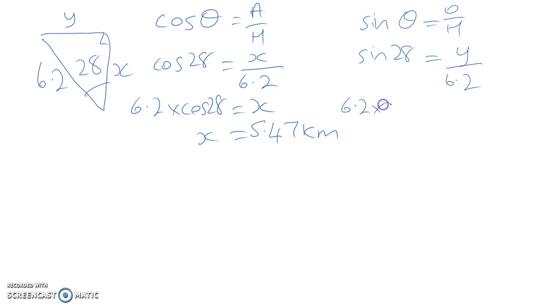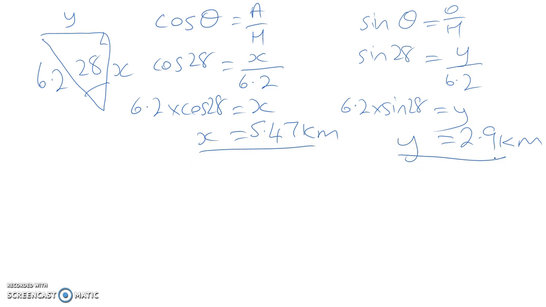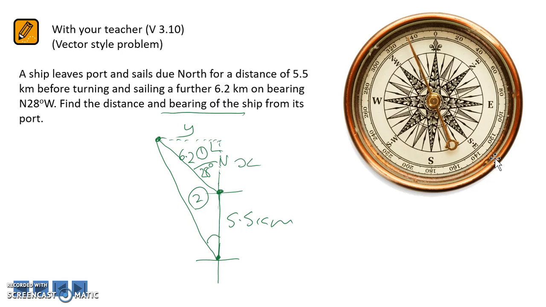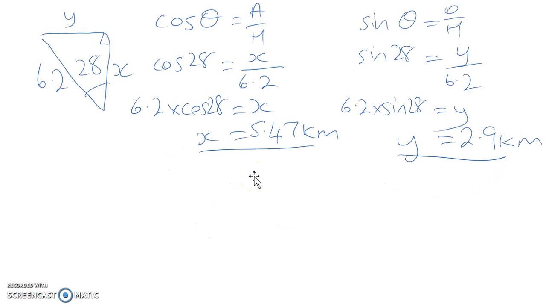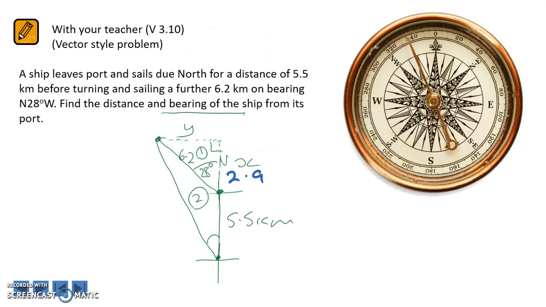So 6.2 times sine 28 equals y. And so y is going to equal 2.9 kilometres. So we've got those two sides that we were trying to find previously. So this is 2.9 kilometres, and y was 2.9 and x was 5.4.